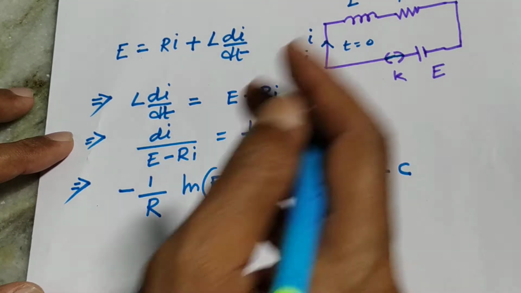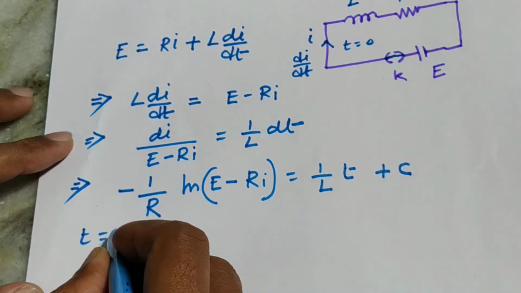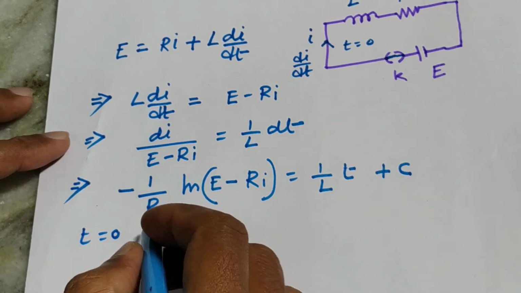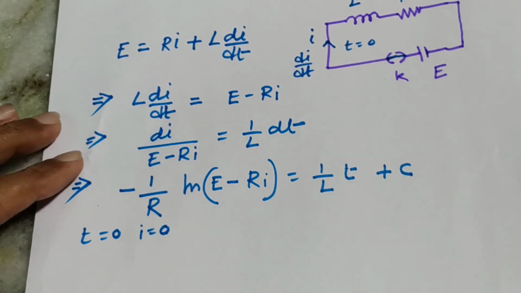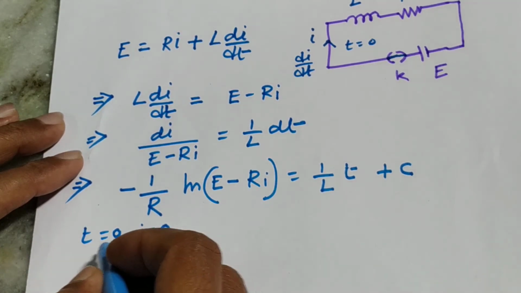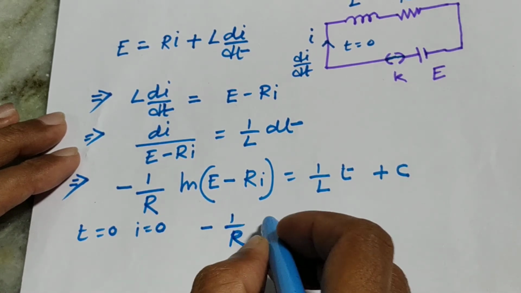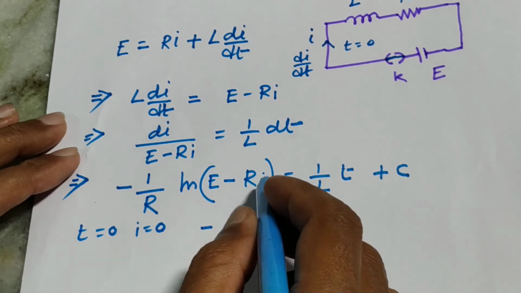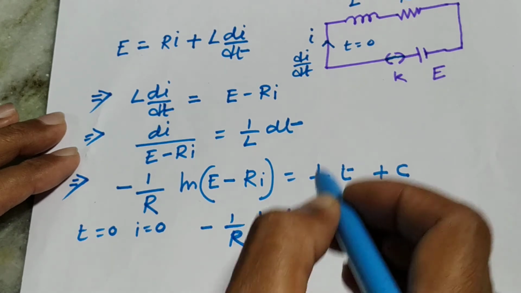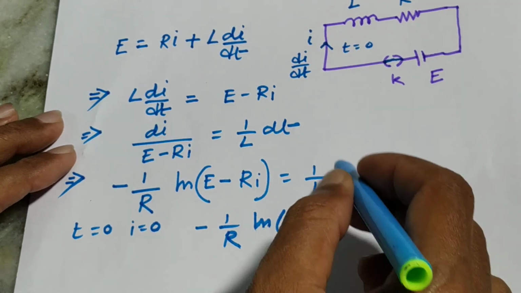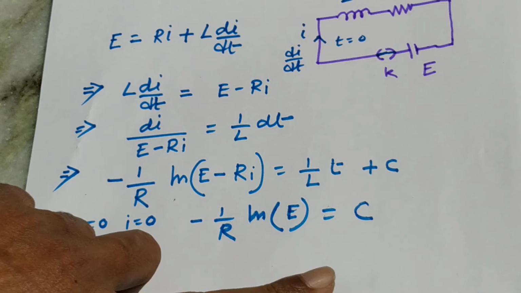The switch is just closed, so at t equal to 0, the current in the circuit is 0. No current is flowing in the circuit. If we substitute the values in this equation, we get minus 1 by R ln E equal to C. So this is the value of the integrating constant.